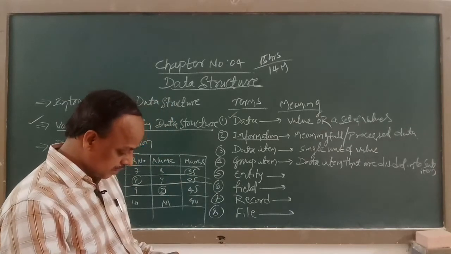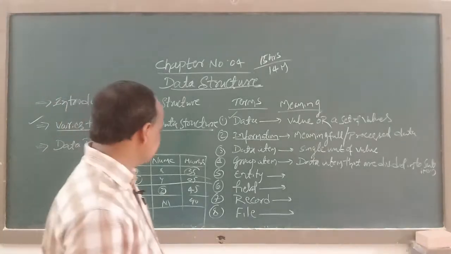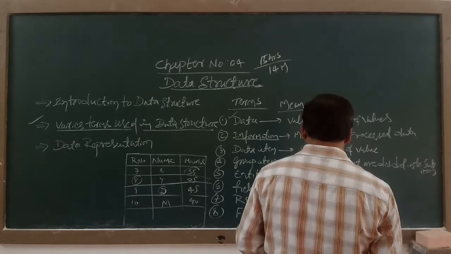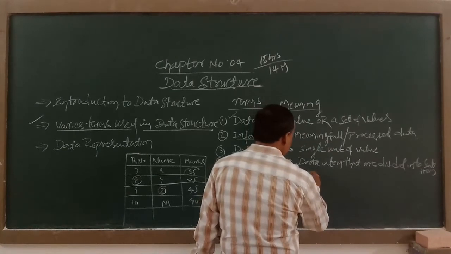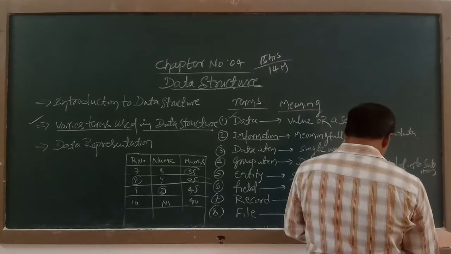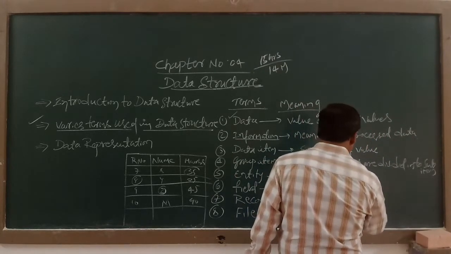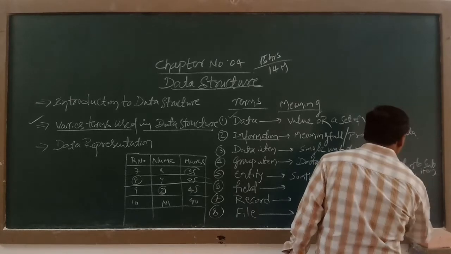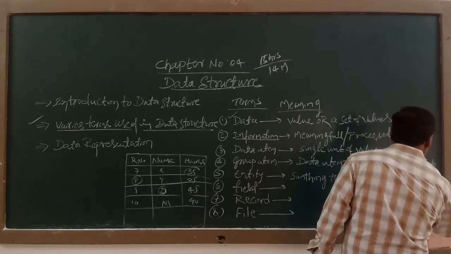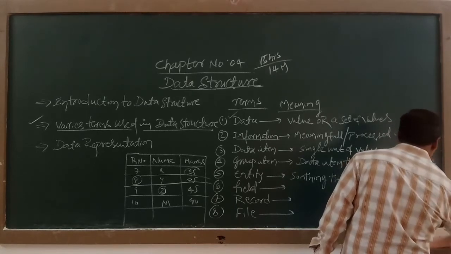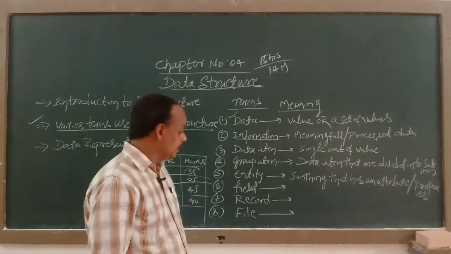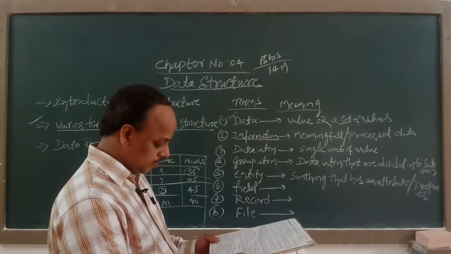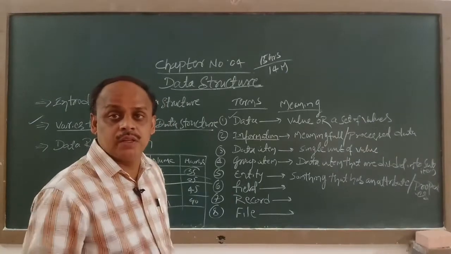Next one is entity. What is an entity? Something that has certain attributes or properties which may have assigned values.